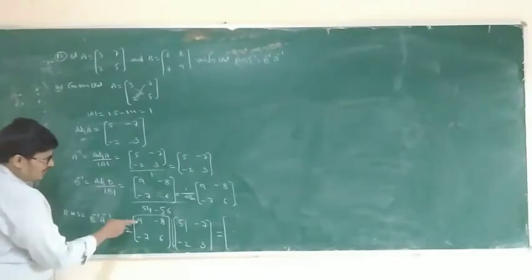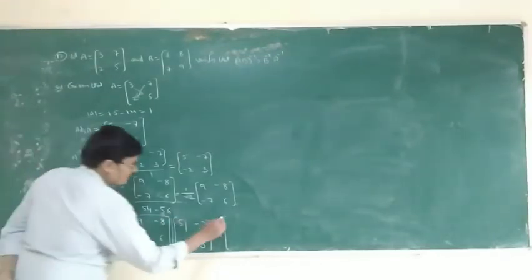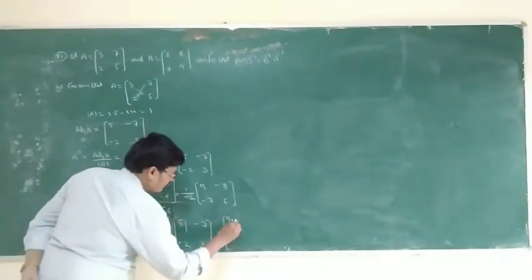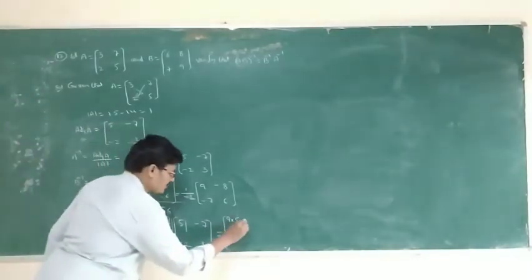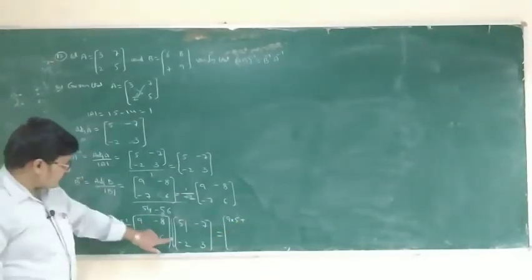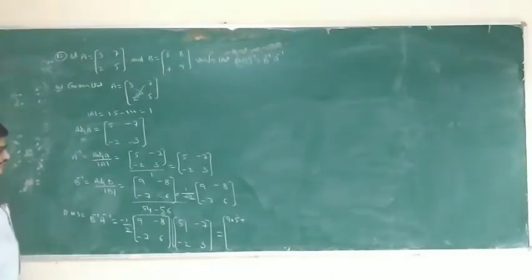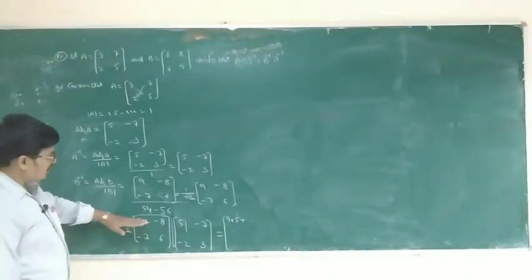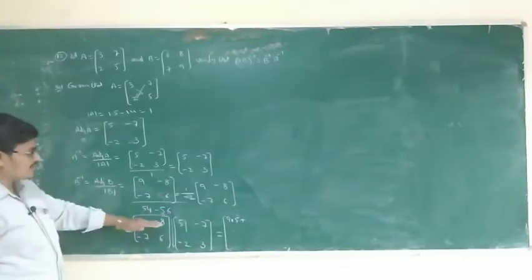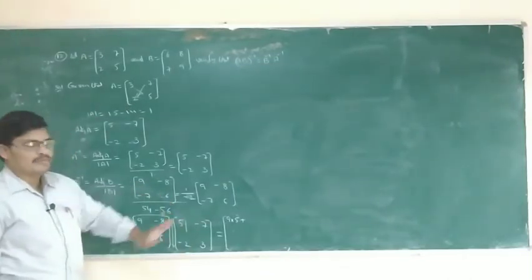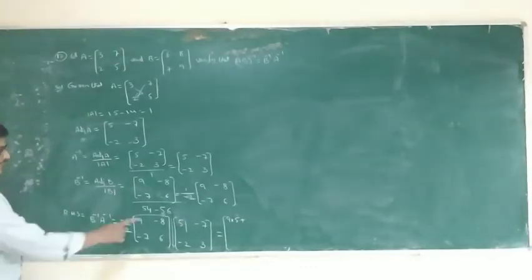So 9 into 5 plus minus 8 into minus 2. How to multiply? First matrix rows, second matrix columns have to multiply.